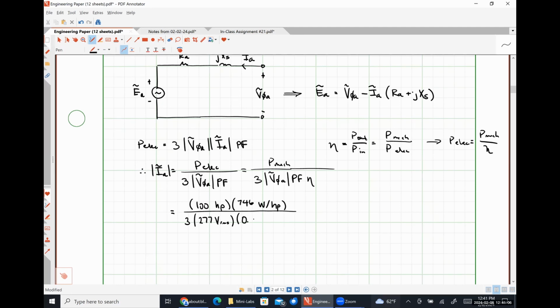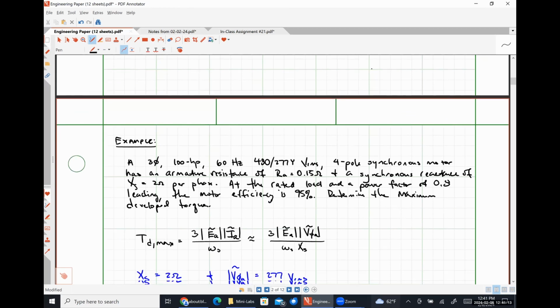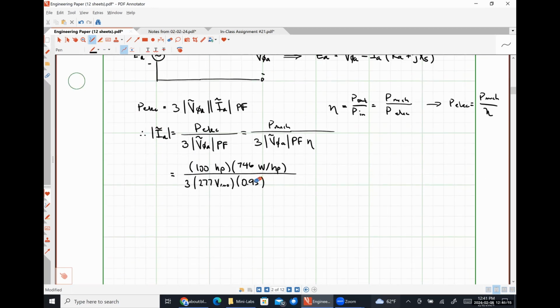Our power factor was 0.95. That's not right. Our power factor was 0.8. Yes. And our efficiency was 0.95. And so this should give us a current of 118.120 amps RMS. So we know the magnitude of our current.